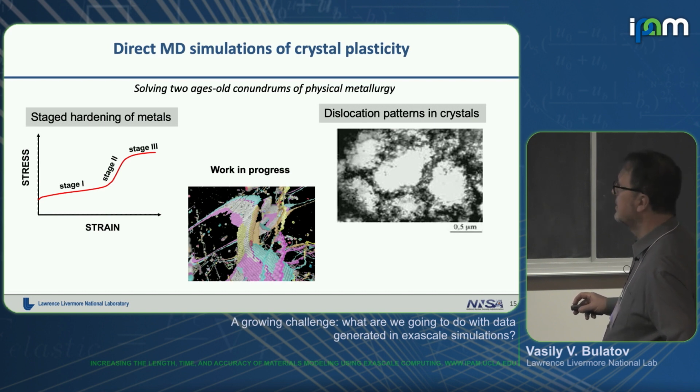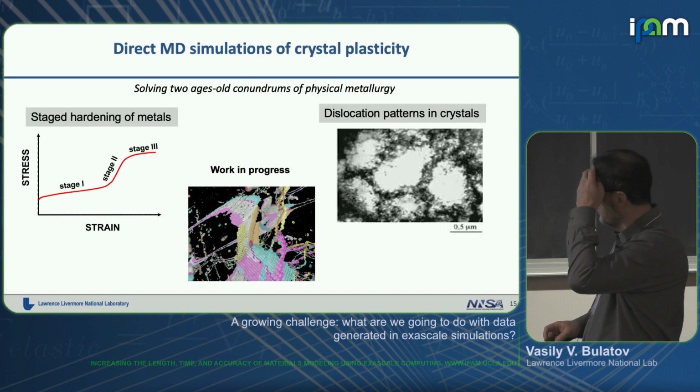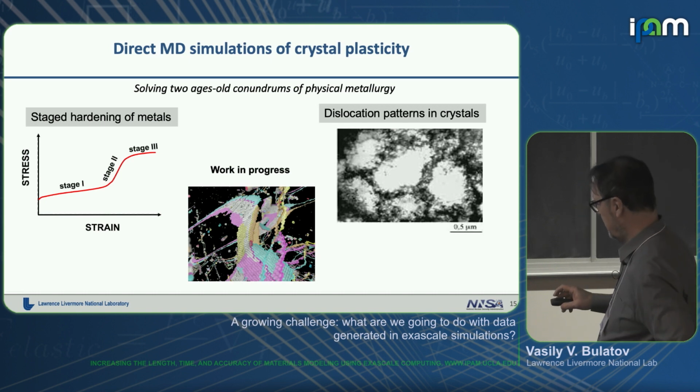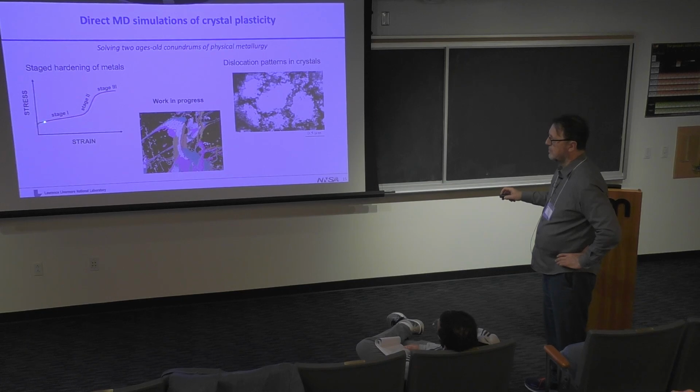We then continued to think maybe we can do a little bit more than just demonstration and take on these coveted targets in dislocation theory and physical metallurgy. In particular, we try to understand why stage hardening happens: you strain the material and the stress always increases, but first slowly, then faster, then slower.